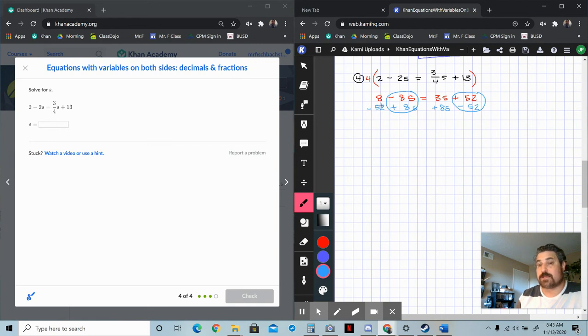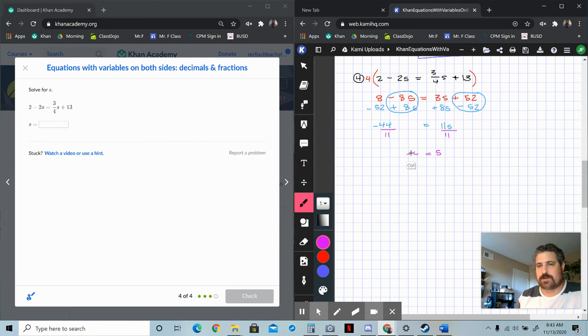That's 2 take away 2 gets you to 50, take away 6 more gets you to 46. No, 44. So we're looking at 44 on the left, and that's going to be a negative. And on the right, we're looking at 3s plus 8s, which is 11 s's. You don't want the value of 11 s's, you want the value of 1s. So how do you undo times by 11? Divide by 11 to both sides. You get s is now equal to negative 4.